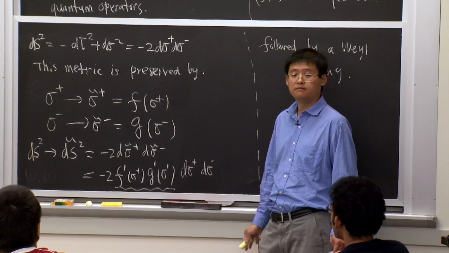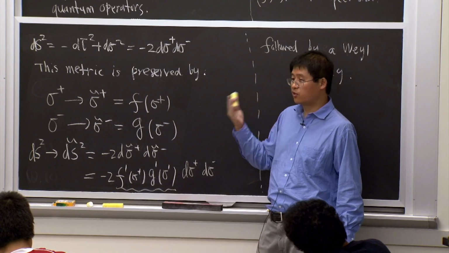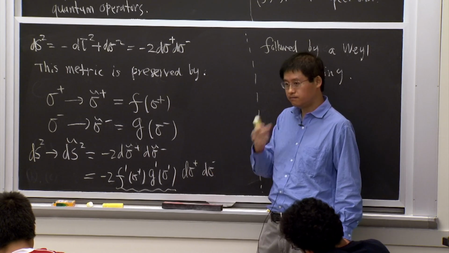So the metric is preserved by this transformation followed by Weyl scaling. Is this clear? So we actually still have some residual gauge freedom left.